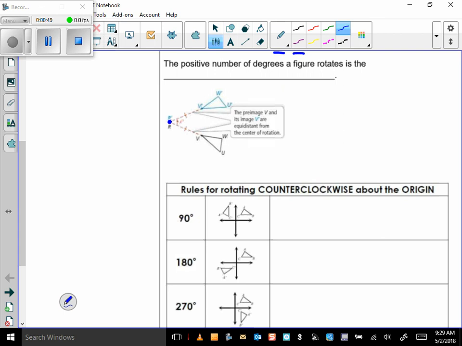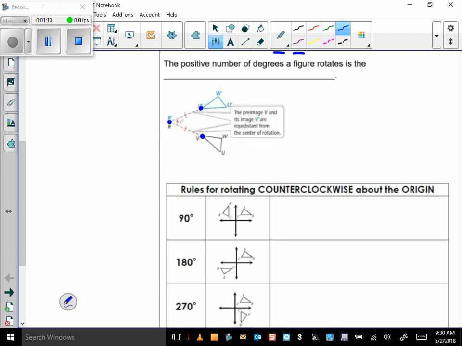So you see r is r prime, and the pre-image v and its image v prime are equidistant from the center of rotation. So we're going to maintain distance when we do a rotation. Each vertex of whatever figure we have is going to stay the same distance from the center of rotation.